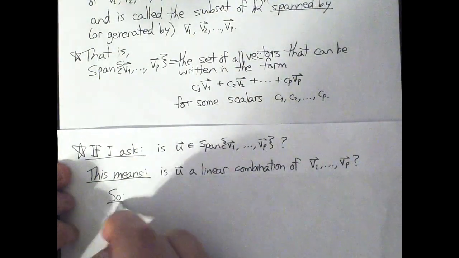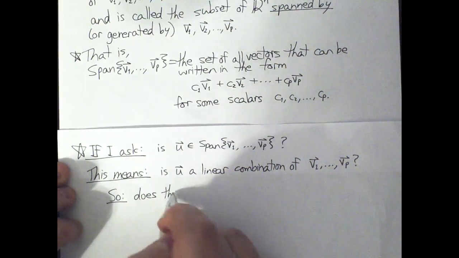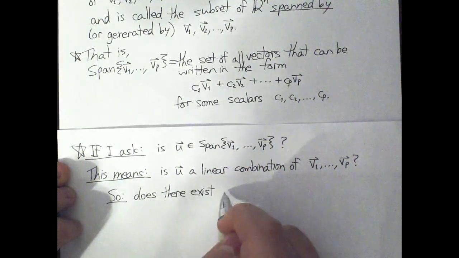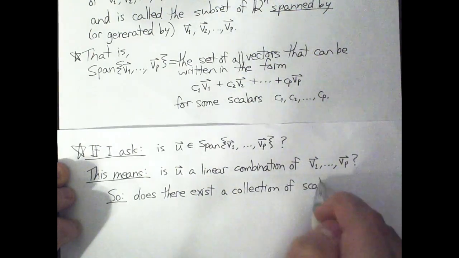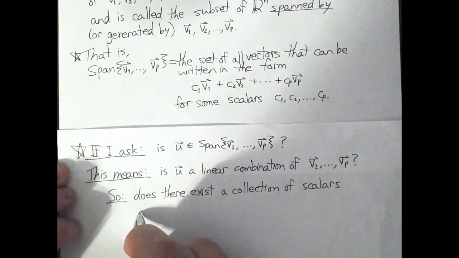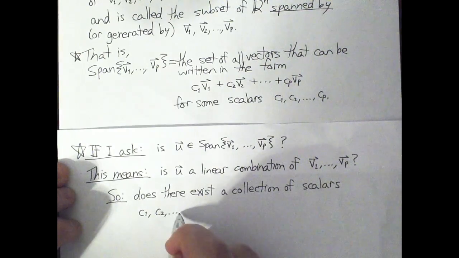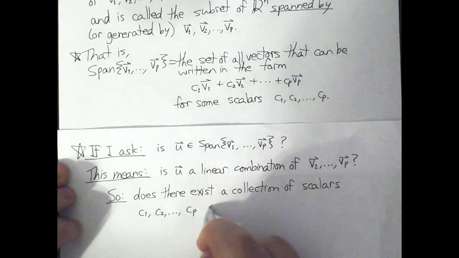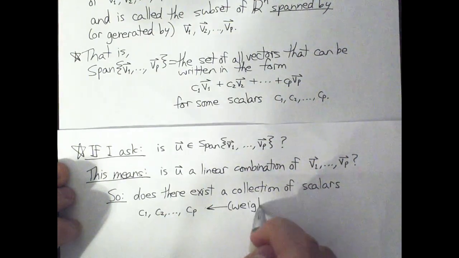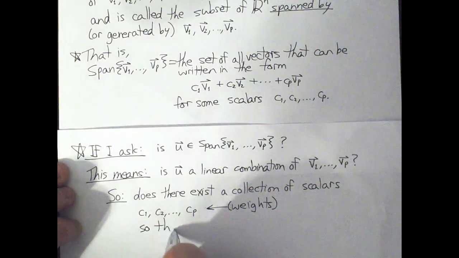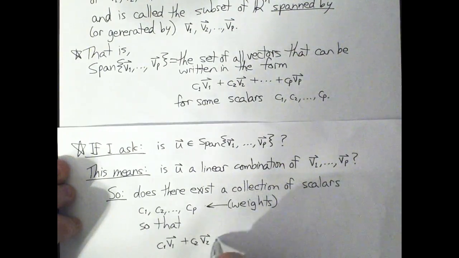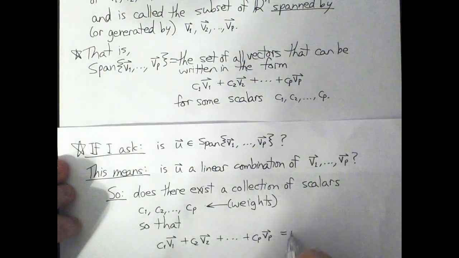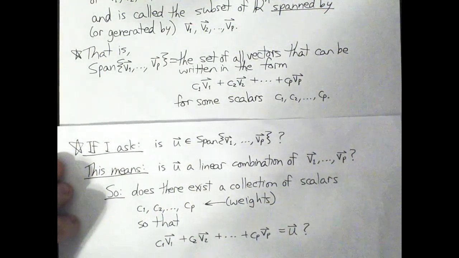So, does there exist a collection of scalars c1, c2, up to cp, called weights, so that c1 v1 plus c2 v2 all the way up to cp vp equals the vector in question, u. This is still a yes or no question, right?